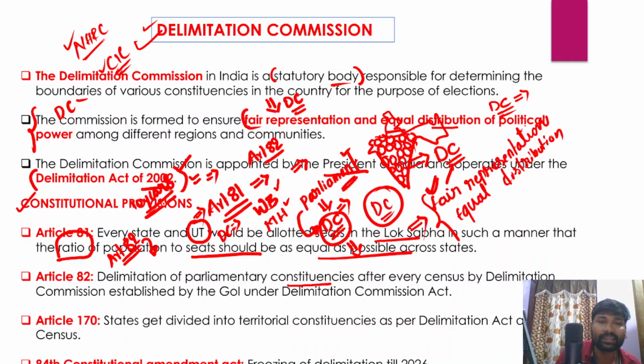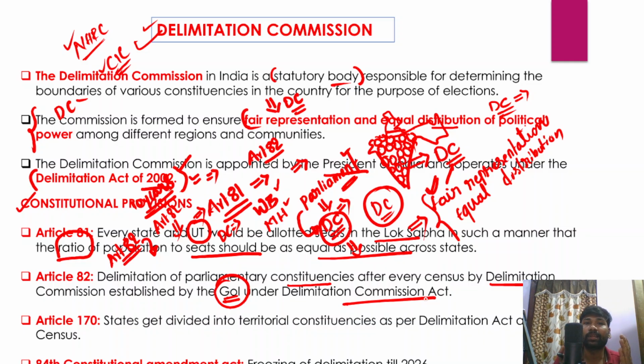So once in 10 years, the census would be conducted in India, and Article 82 says that parliamentary constituencies after every census would be delimited by the delimitation commission, and this delimitation commission will be established by the government of India under the Delimitation Act passed by the parliament, right?